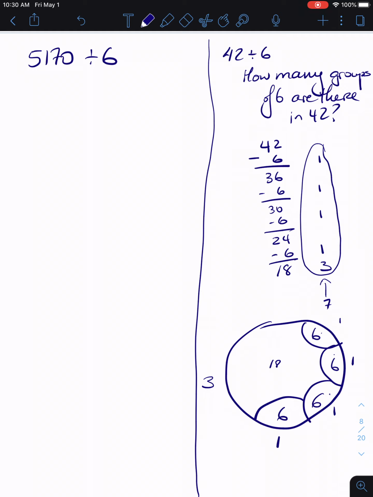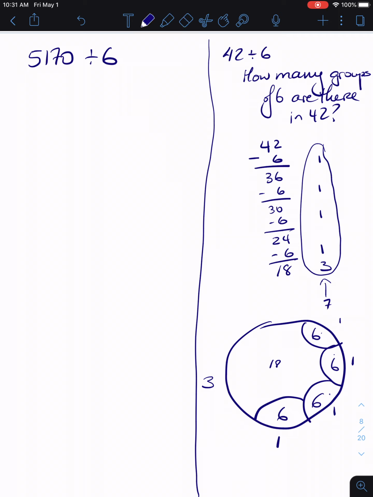Well, if we repeatedly subtract 6 from 5,170, one group, 5,164. Subtract 6, one group, 5,158. This will take forever, and kids realize that. So this is not a viable algorithm or strategy for large numbers.